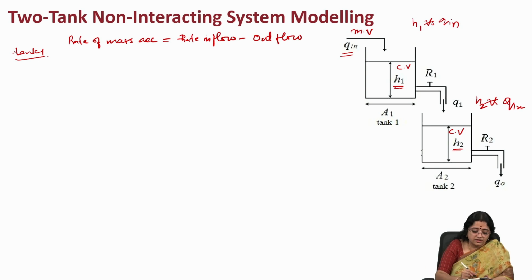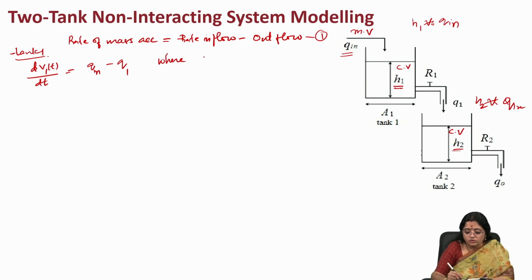Looking at tank 1, we know that the controlled variable is H1, that is, the rate of mass accumulation within tank 1 we are going to understand from this particular model, and whose inputs are Q input and Q1. Applying this conservation law for tank 1, it looks like dV1(t)/dt is equal to Q in minus Q1, where V1 is nothing but the area of cross section of the liquid in tank 1 multiplied by H1(t).